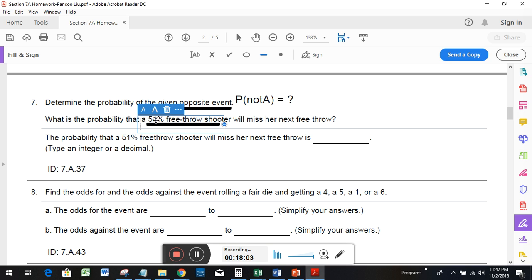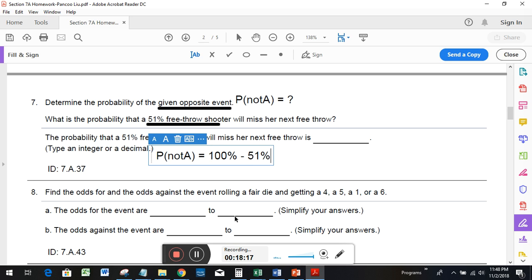So in other words, we're going to look for the leftover out of 100. So leftover out of 100 will be 49%. For those who want to see the math, basically, it's 100% minus 51%. That will give me 49%. Now, they actually want your answer as a decimal, so move your decimal 2 places to the left. It'll be 0.49.